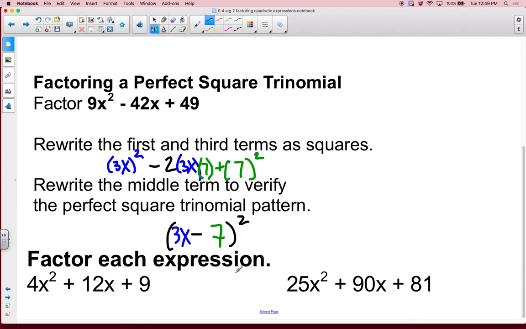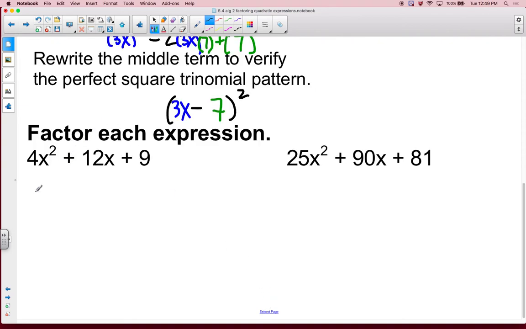Okay, let's try one more like that. For this one, again, we want to write it as something squared for the first term and the last term, and then we will verify the middle term as 2 times your a times your b. The square root of 4x squared is a 2x, the square root of 9 is a 3, and then we put this 2x and this 3 here to verify it. 2 times 2x is 4x, and 4x times 3 is a 12x.